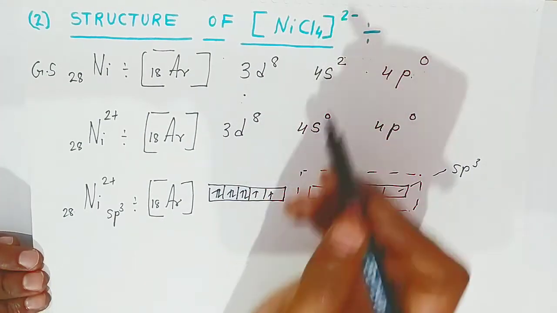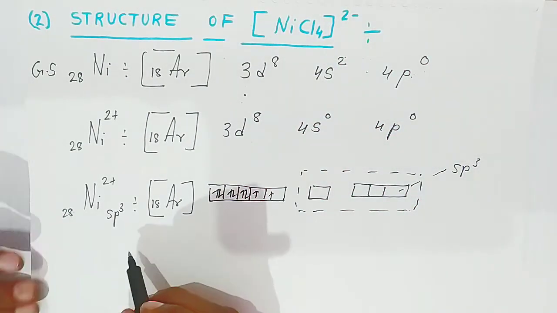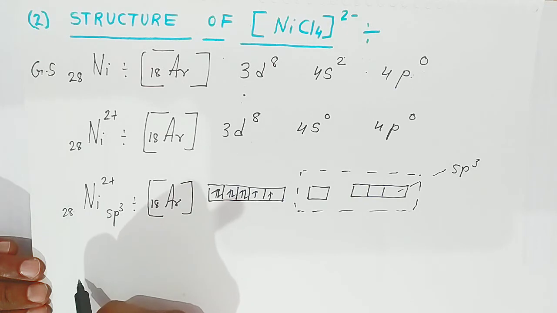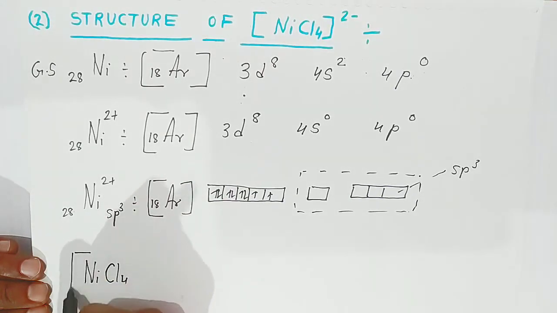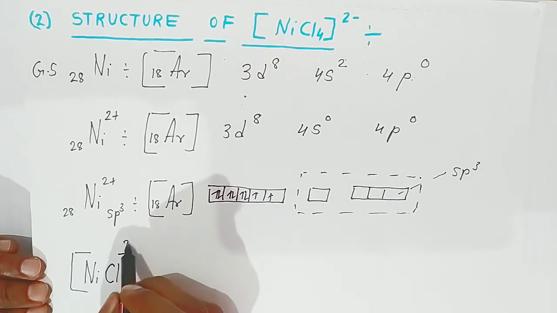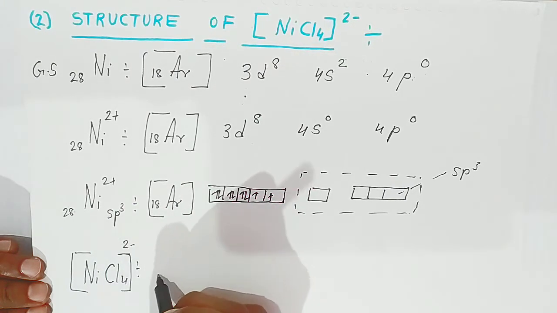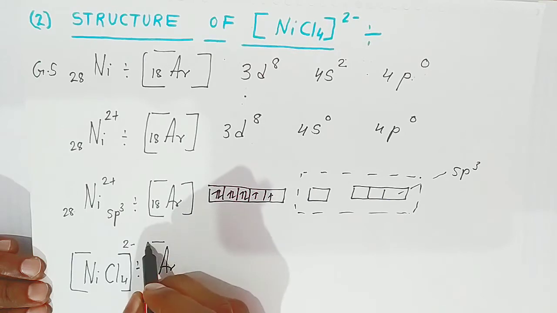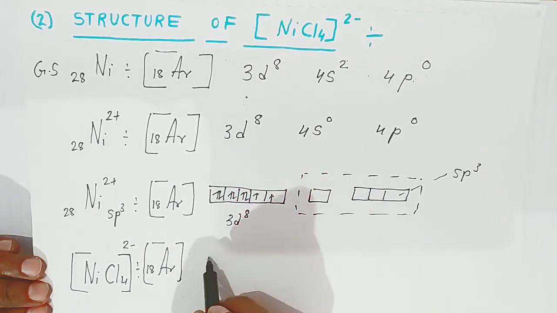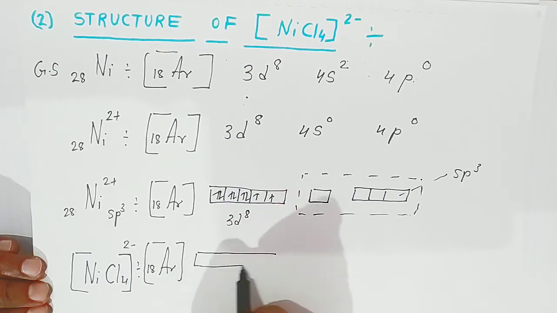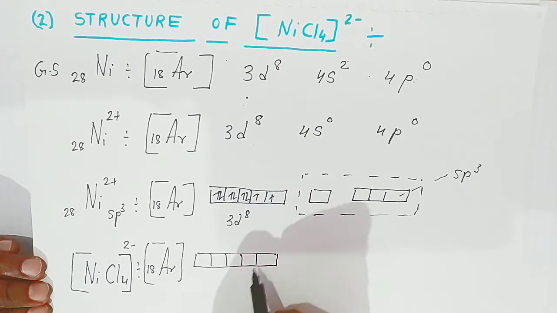Now students, what is happening to this? Now the chlorine will provide 1 pair to these vacant orbitals, and it will form the complex, students, nickel tetrachloride 2 minus. What will be the electronic configuration? Now the electronic configuration will change to like this. This is 3d8 only, students. This will be as it is, 3d8.